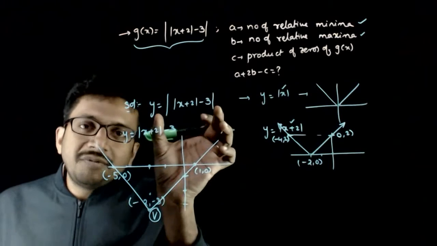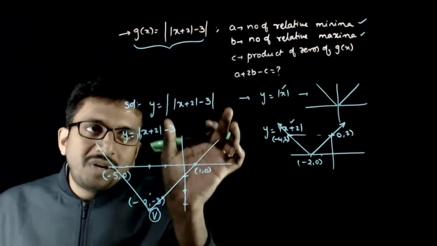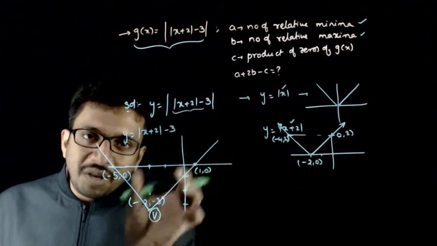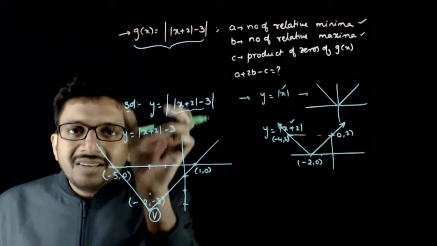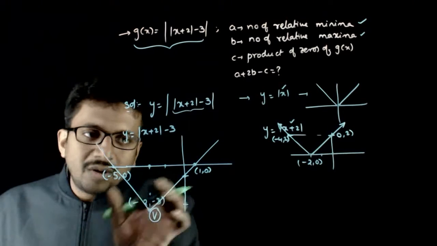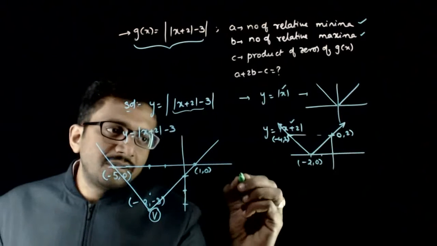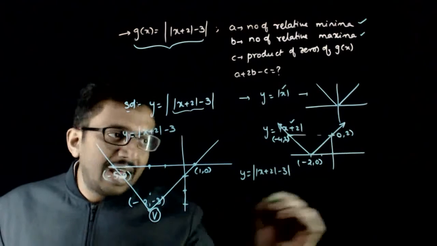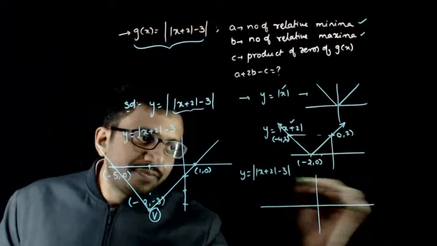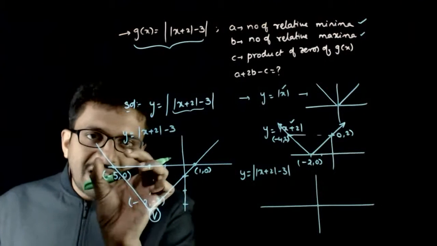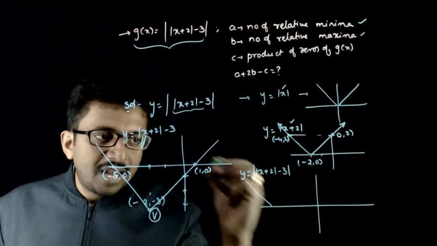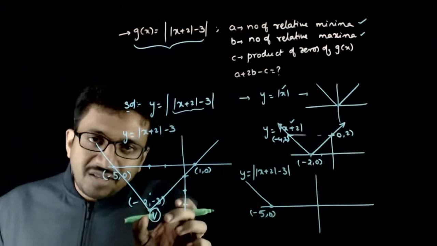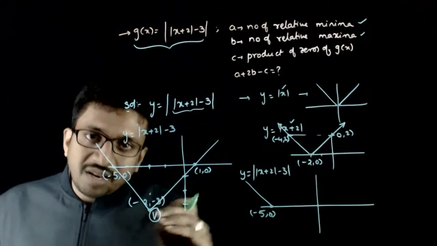Now what happens if you put a total mod? Wherever this graph is negative, wherever it is below the x-axis, that part will be mirror imaged. So the graph of y equals mod of mod x plus 2 minus 3 looks something like this. When the graph is above the x-axis, it doesn't change. This point is minus 5 comma 0. Now the part below the x-axis becomes a mirror image.